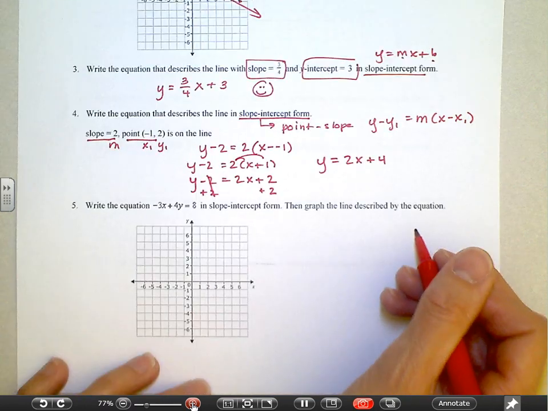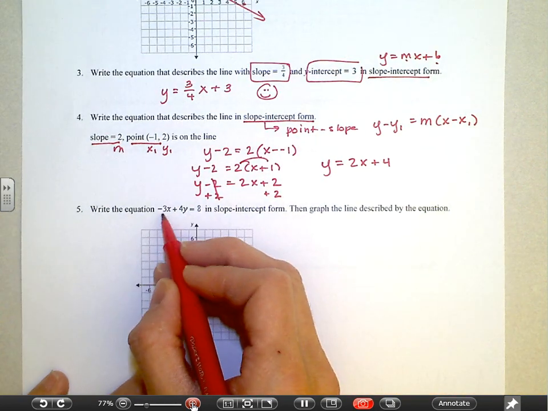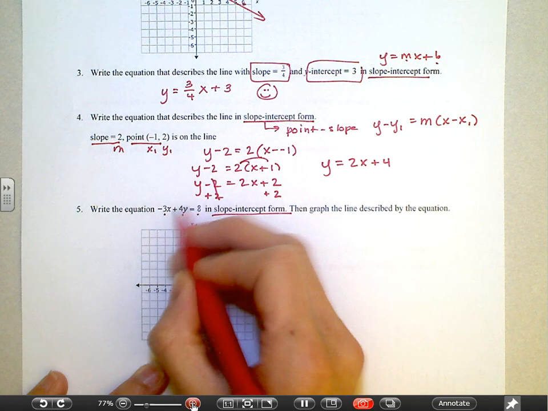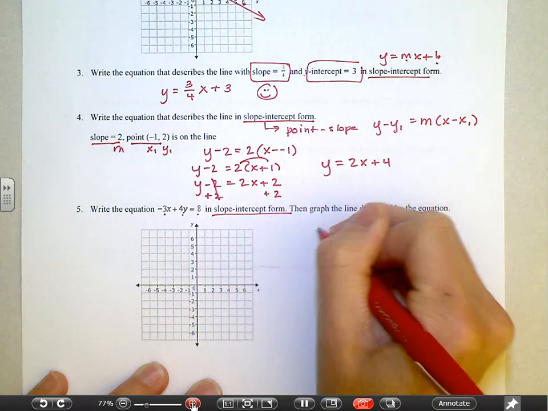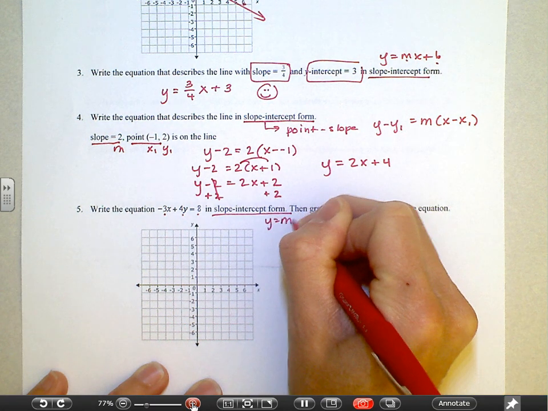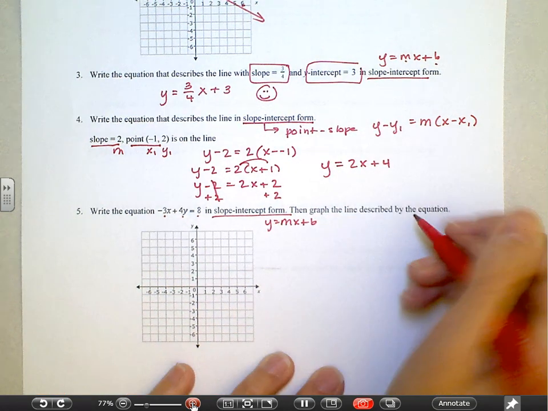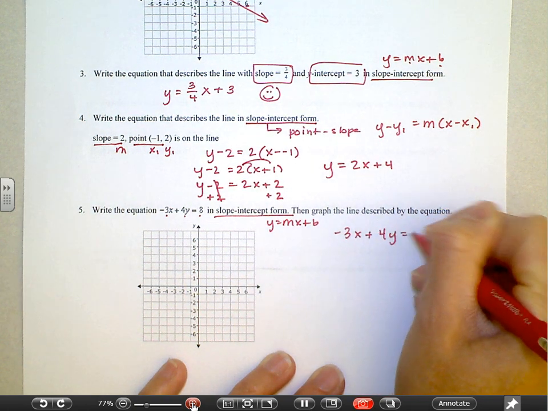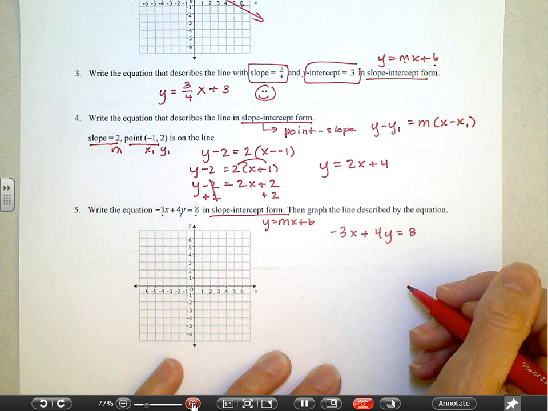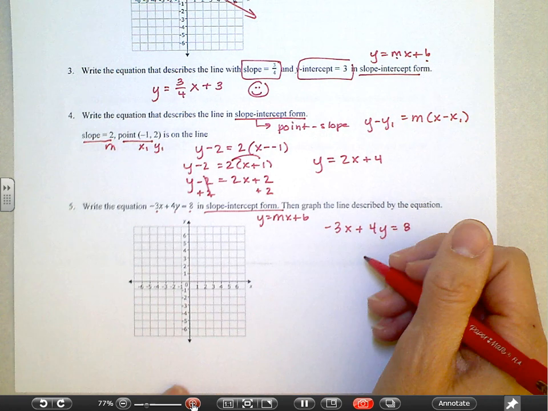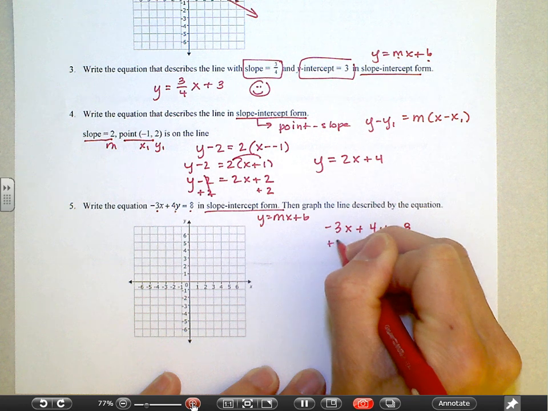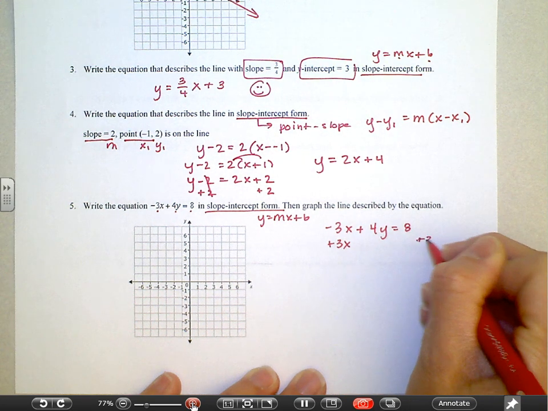Almost done with page 1. Write the equation negative 3x plus 4y equals 8 in slope-intercept form. This is currently in standard form, and I have to change it to slope-intercept form, so y equals mx plus b. I have negative 3x plus 4y equals 8. To change this, I need to first get rid of this x and move it to the right side, so plus 3x on both sides.